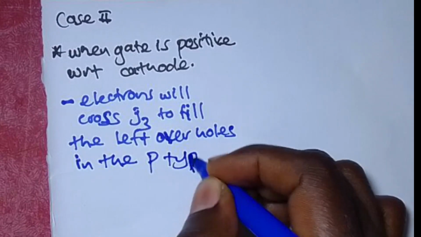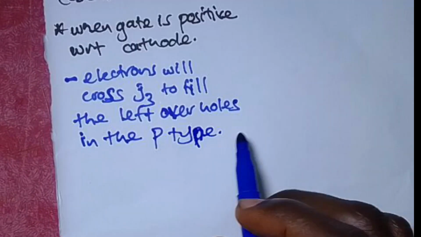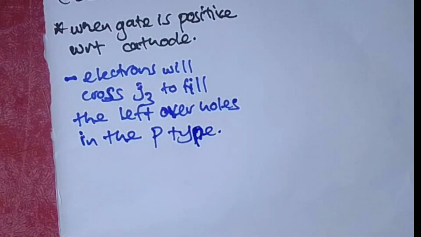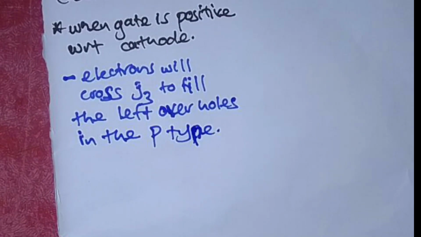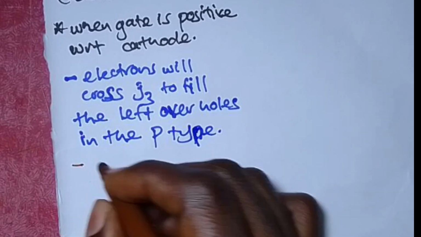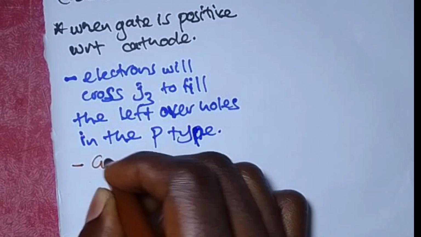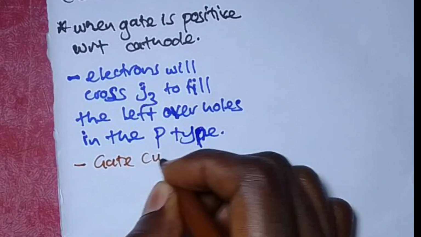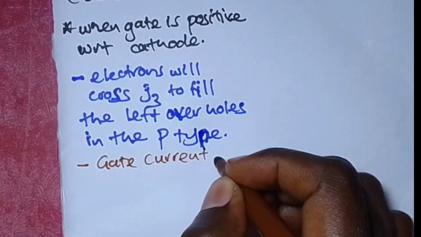So when this occurs, when they try to cross over to fill the leftover holes in the p-type, something will happen, and that will lead to the flow of the gate current. So gate current starts to flow.